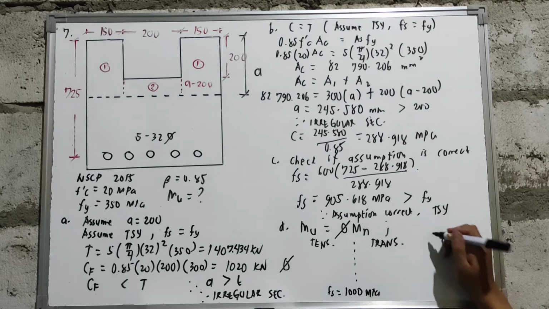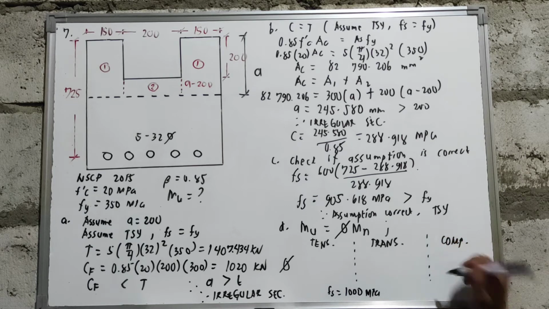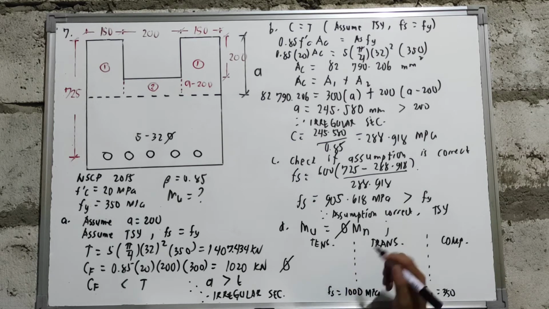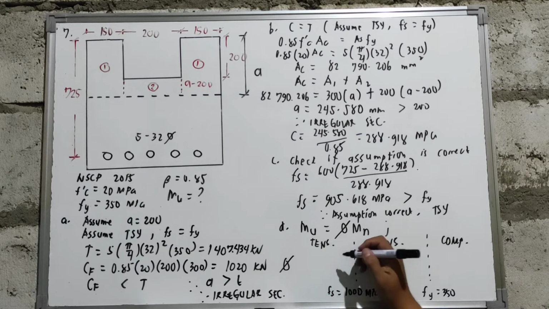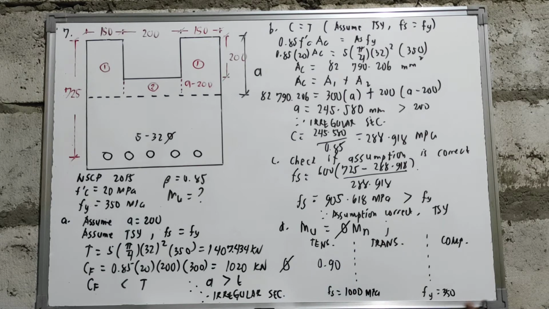And from transition zone to your compression control, the limiting value is Fy. So in this case, yung Fy natin, that is 350 megapascal. So yung 1,000 constant to ha. And kapag naman nasa tension control ka, kapag nalagpasan mo yung 1,000 megapascal, the value of your reduction factor is 0.90. Kapag naman na-lessen ka dun sa given na Fy, so your reduction factor is 0.65.